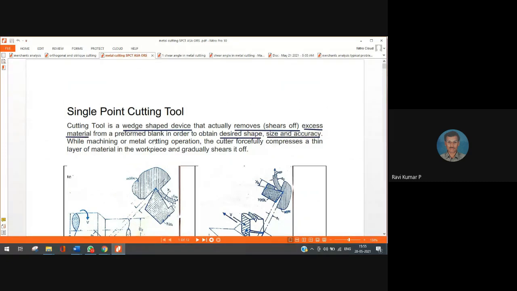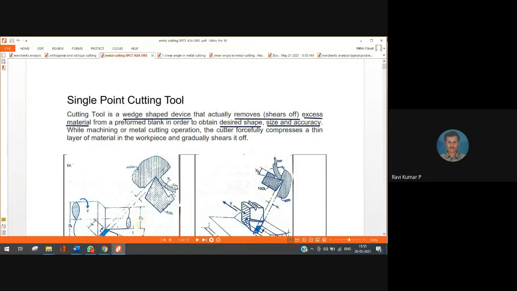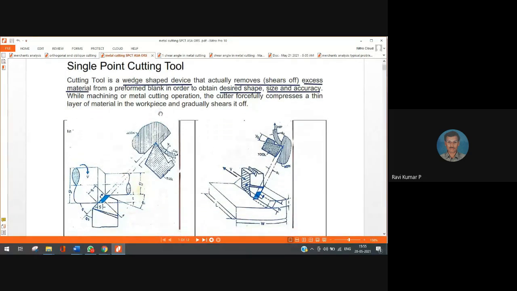So you may recall that when we started discussing the single point cutting tools, by cutting tool, I shall understand that this is nothing but a wedge shaped device.